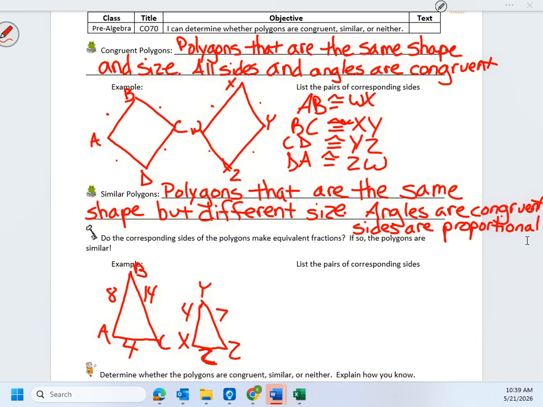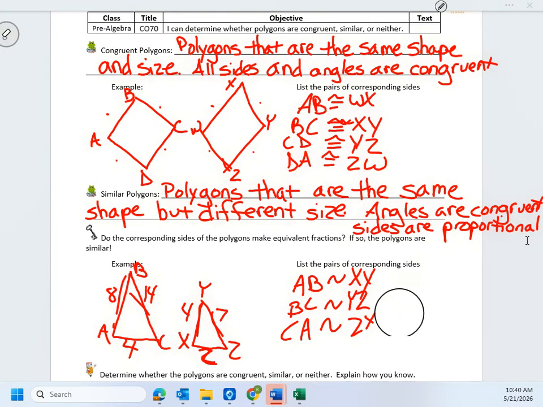So AB goes with XY, BC goes with YZ, and CA goes with ZX. So if I take AB, that 8, and I divide it, I put it over XY is 4, right?